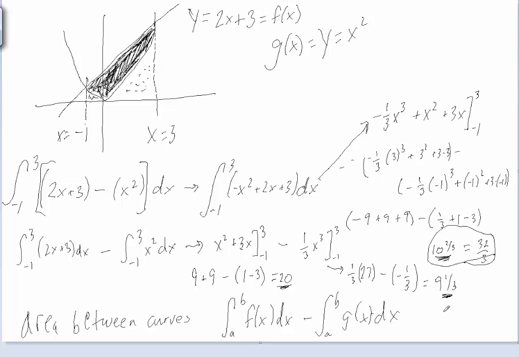That's the area under the parabola. So to find the total area between the curves, 20 minus 9 1/3 gives us 10 2/3.